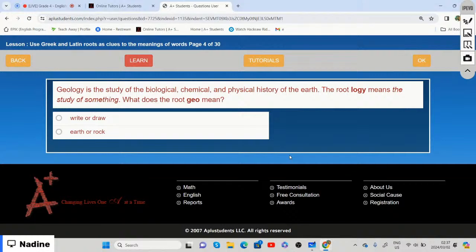Geology is the study of the biological, chemical, sorry, and physical history of the earth. So in this case, the root logi means the study of something. And then what does the root geo mean?